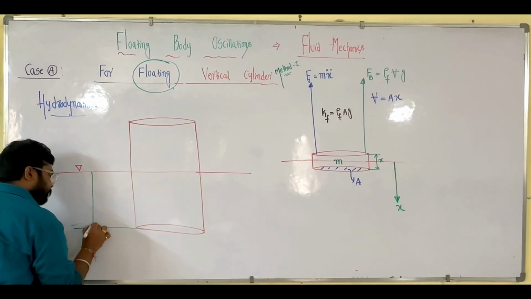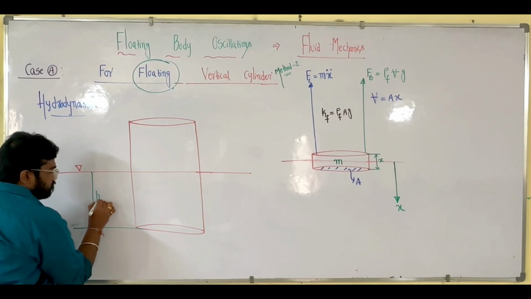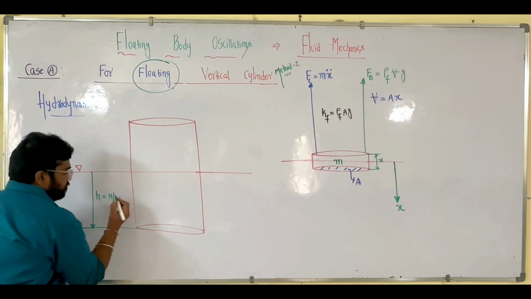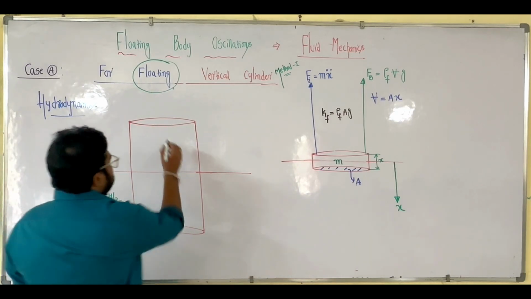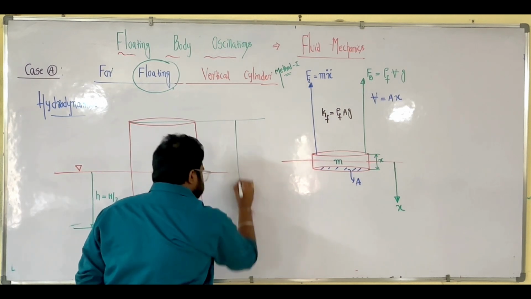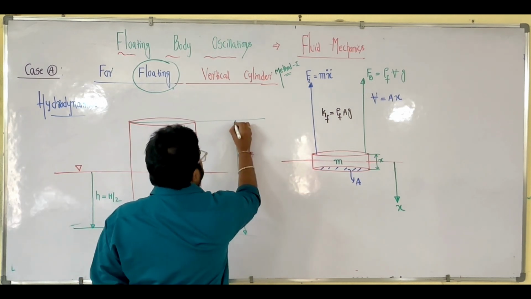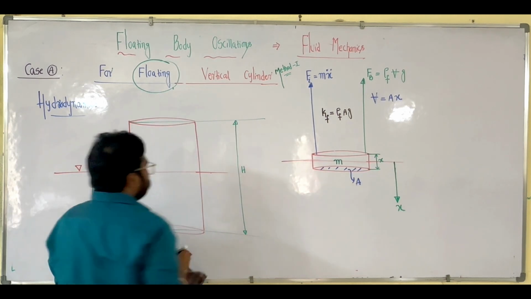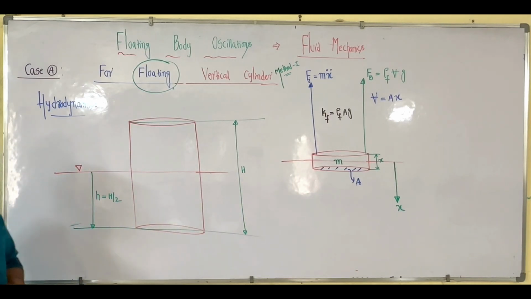Small h equals capital H by 2 is given. This is capital H. First, as a first step, what we need to do?